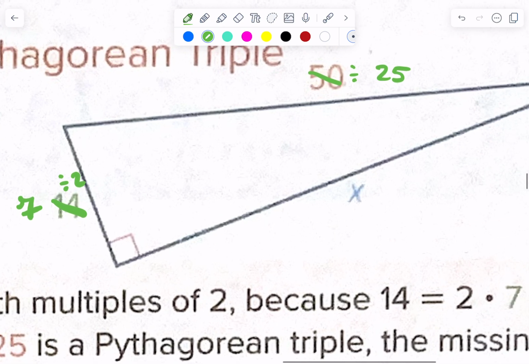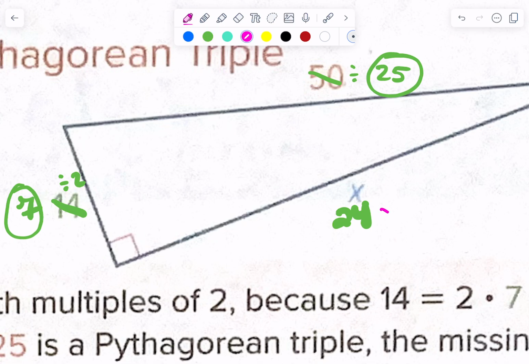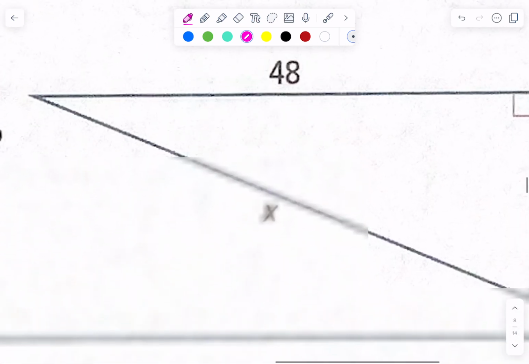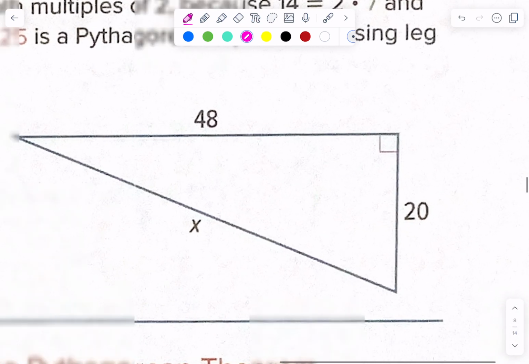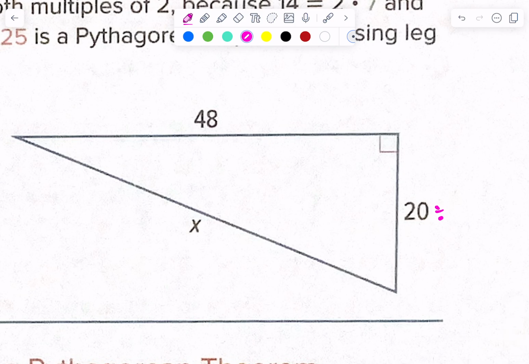Okay, I have a triple that's 7 and something and 25. 24. But this side won't be 24. If I divide by 2, I have to multiply 24 by 2, and that gives me 48. So this side is 48. That was much faster than doing the entire Pythagorean theorem. Let's go down to this one. 20 and 48. I can divide both of those by how much?